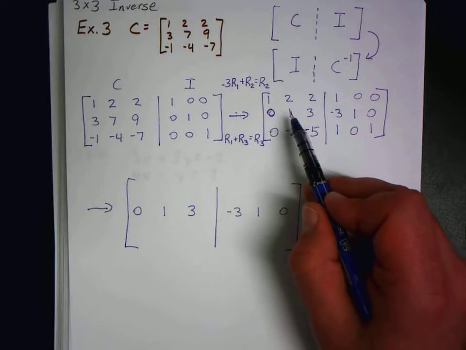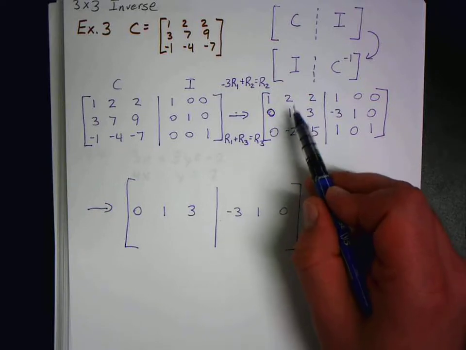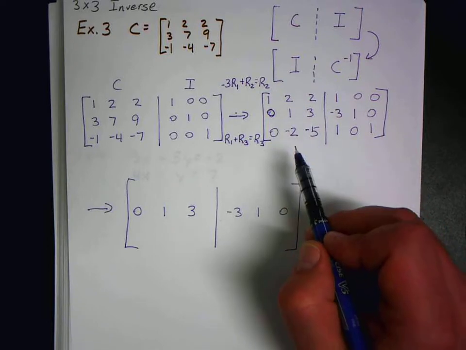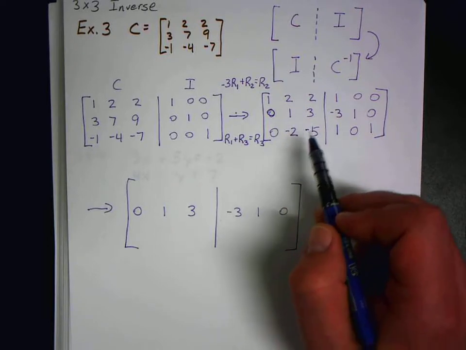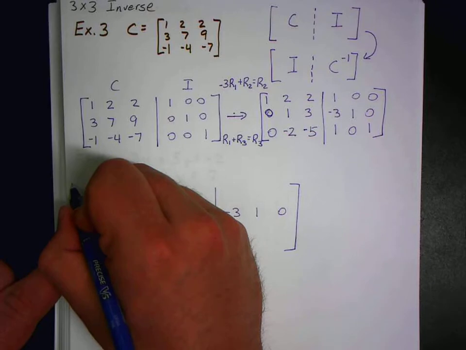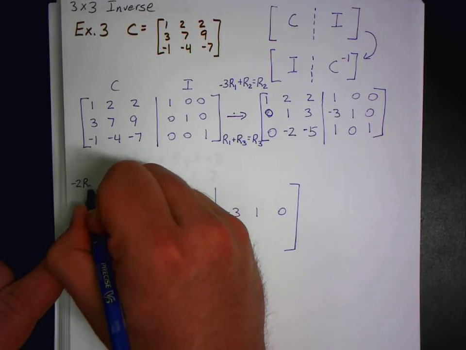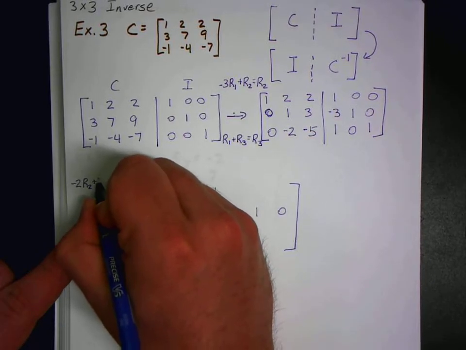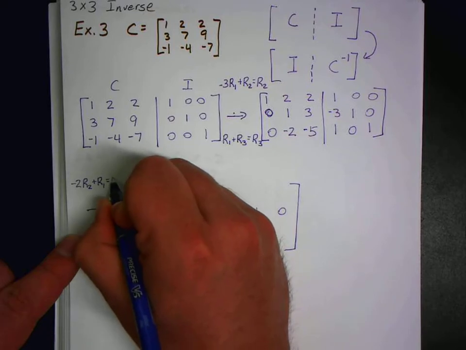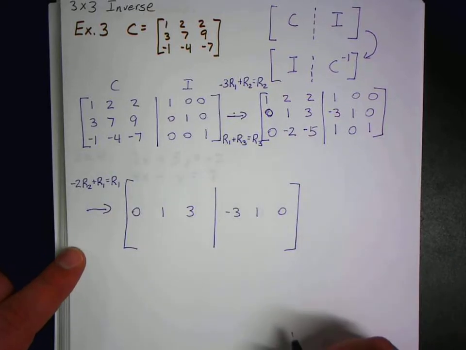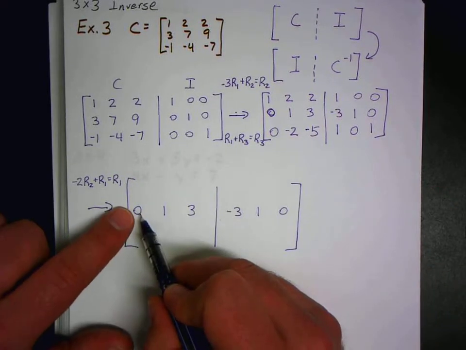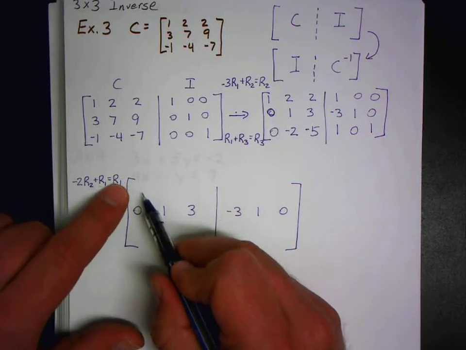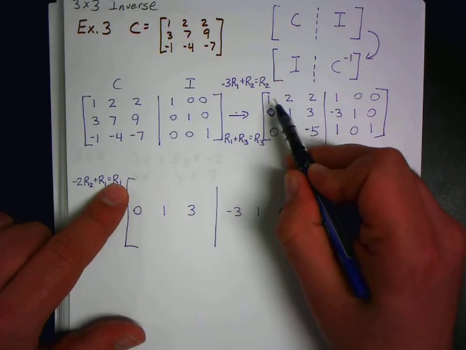So what do I need to do to this 1 to change this top 2 into a 0? Multiply by a negative 2. So I'm going to take negative 2 times row 2 plus row 1, and I'm going to put that inside of row 1. Now, since this first number is 0, I no longer will affect this first number up here, which is what I want.